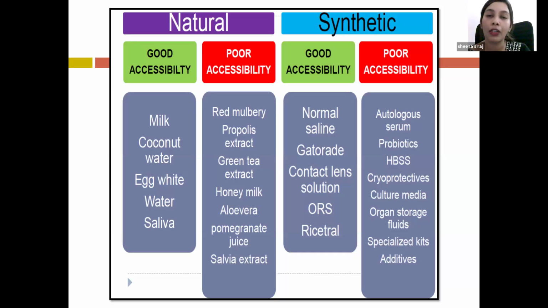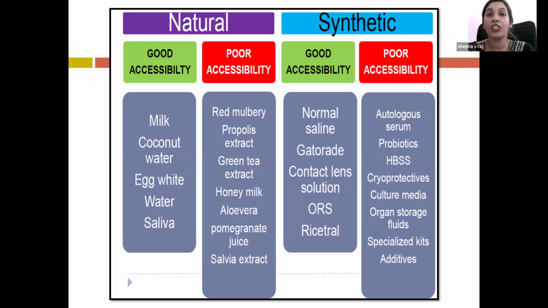Now coming to the synthetic part, all these were the natural materials. The synthetic media with good accessibility include normal saline, Gatorade, contact lens solution, ORS, and Ricetral. Those with poor accessibility are the HBSS solution, which is considered the most important or best storage media, and the organ storage fluid culture media.